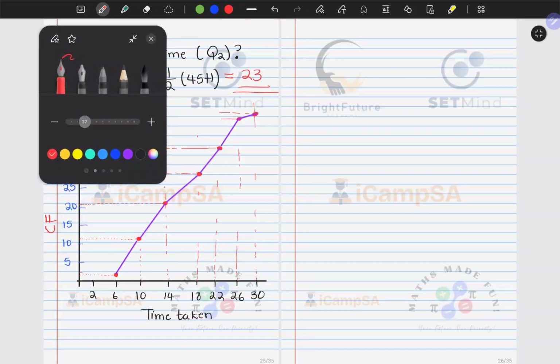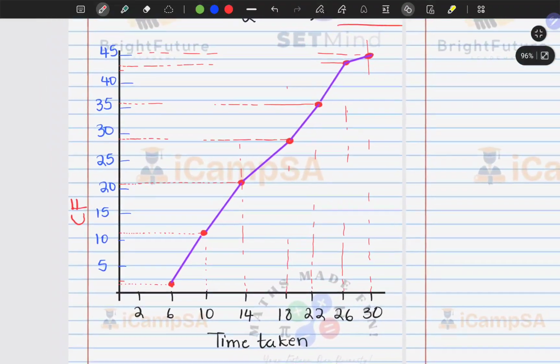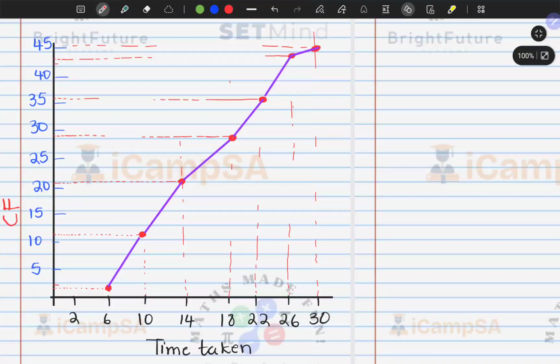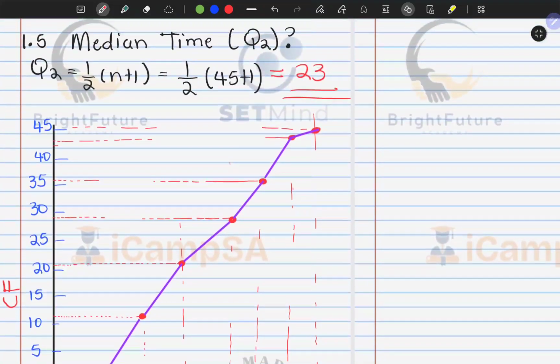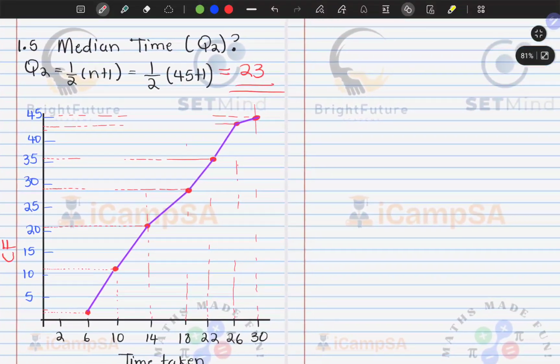So shouldn't really worry about the readings a lot. So if you observe carefully, we're looking for 23. So we're at 20. So here we're at 22.5. Okay. So 23 will just be about there. And then go down like that. Okay.